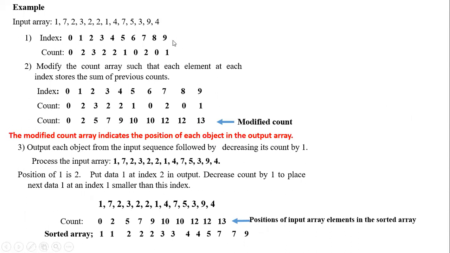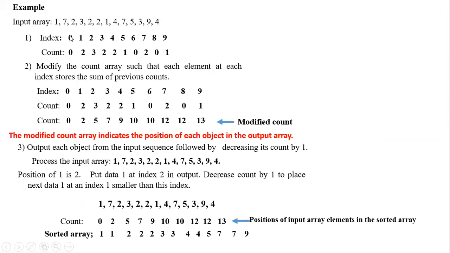Here is an example. Suppose we have the input array, as you see. The maximum element is 9, so we create a count array of size 10, with indices from 0 to 9. Now we scan the input array and compute the count for each element.